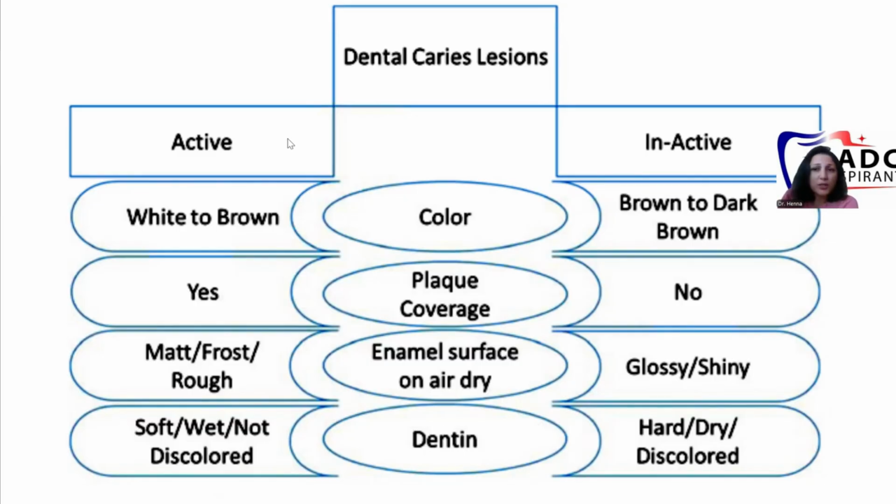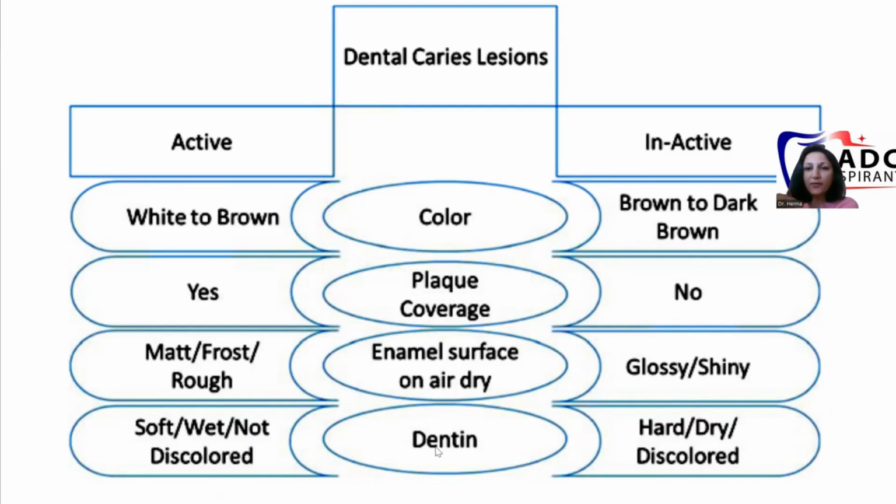In arrested caries, you probably will not see plaque around the carious lesions because now the carious lesions have arrested. They've become dormant. They're not progressing further, and there's no active plaque around them. The active lesions are going to have a matte, frosted, or rough appearance, whereas the inactive or arrested lesions will have a glossy or shiny surface.